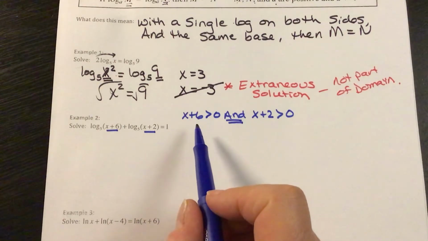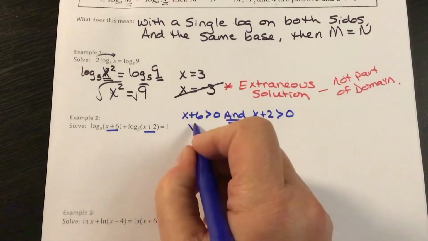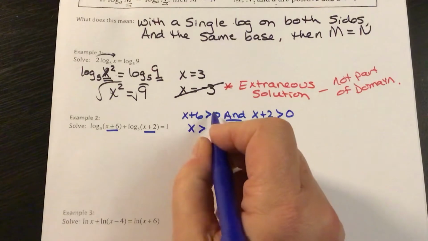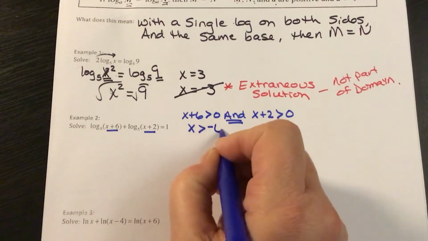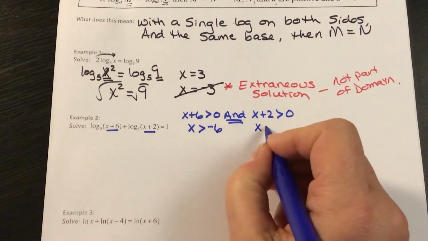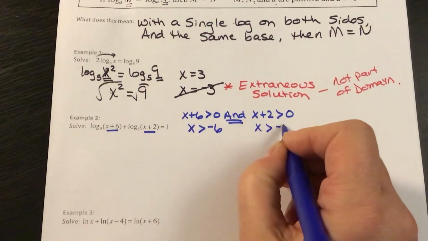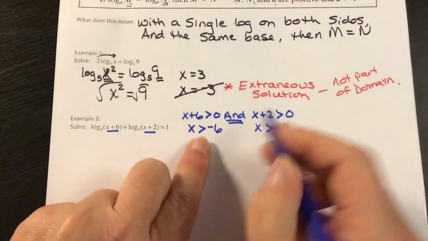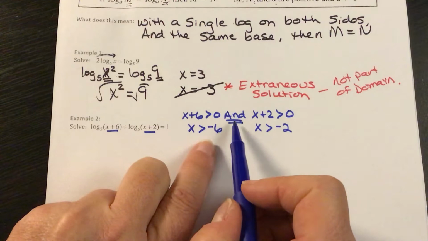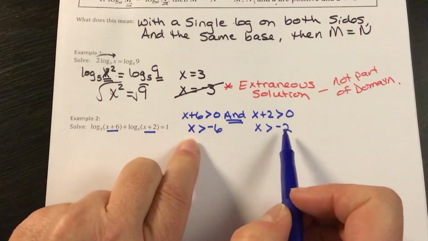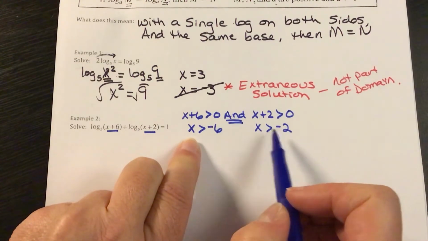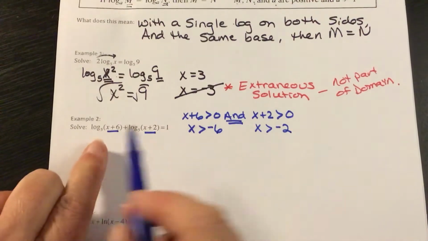If we think about number lines here, x has to be greater than -6, and here x has to be greater than -2. So my x value has to satisfy both of these sentences.